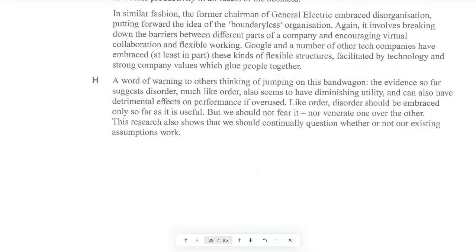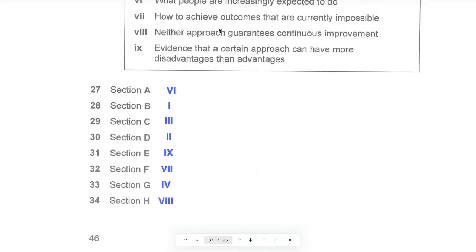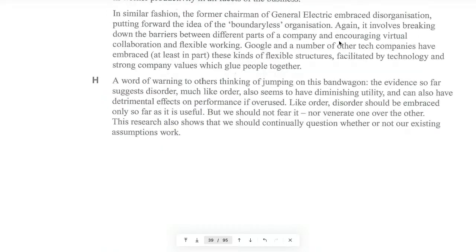Now, can you tell me about, because here you see neither approach. When we say neither approach, that means none of the approaches, right? Now tell me, what is the first approach in this case? Jumping on this bandwagon. No. You still don't understand.